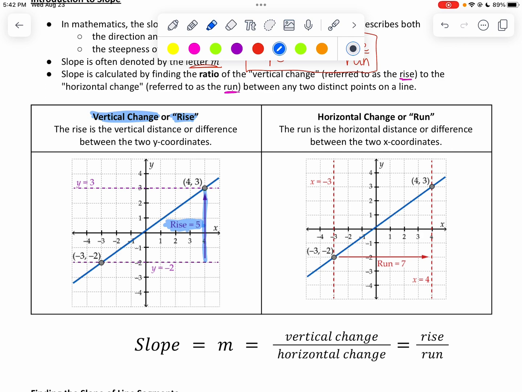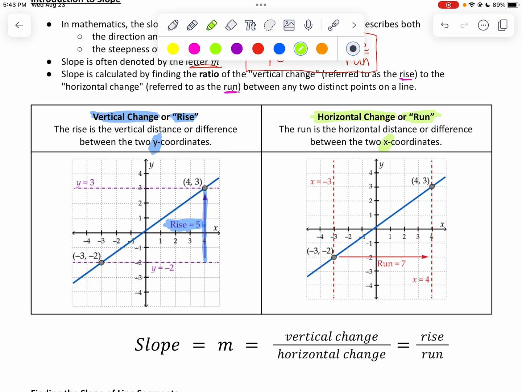For this same graph, we have points at (-3, -2) and (4, 3). We want to look at the horizontal change, or in other words, what we call the run. Our rise is the change in our vertical, but our run is the horizontal distance or difference between the 2 x coordinates. The fact that this is between x and the vertical is between y is an important concept.